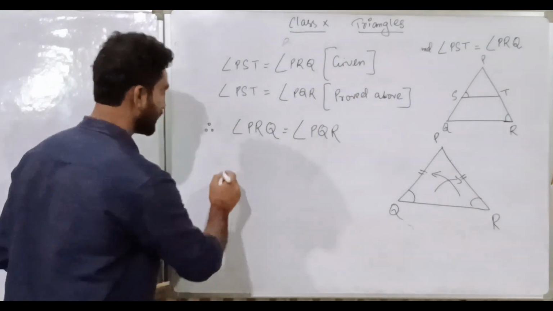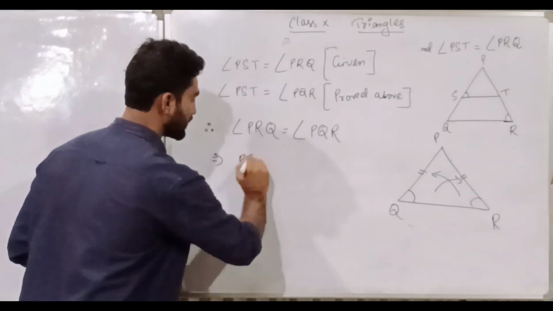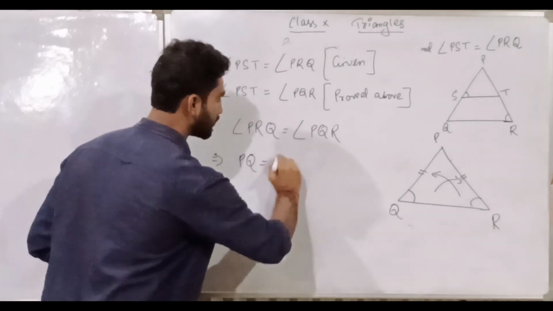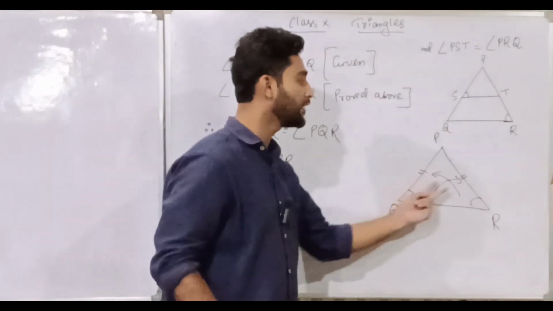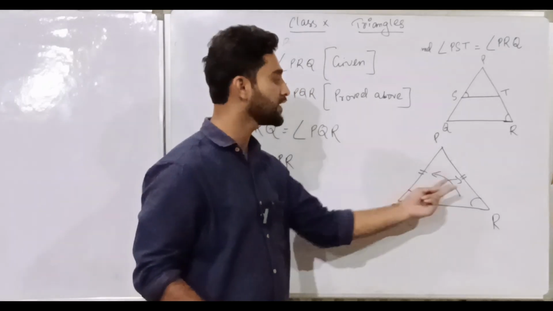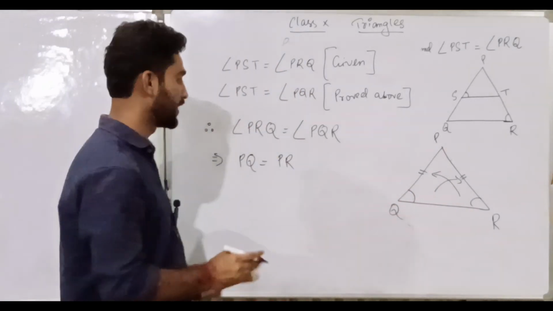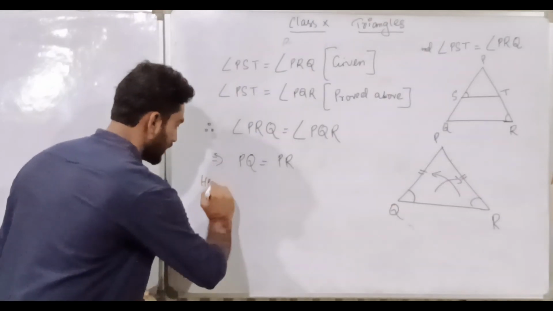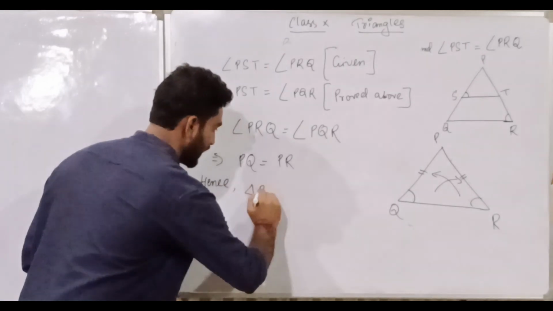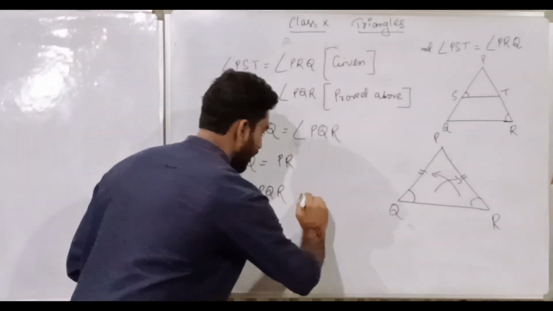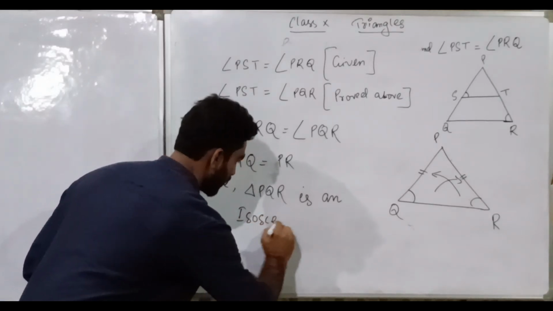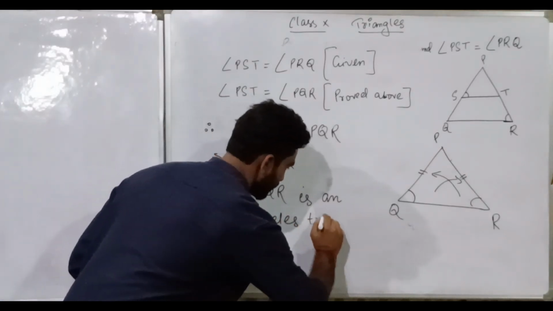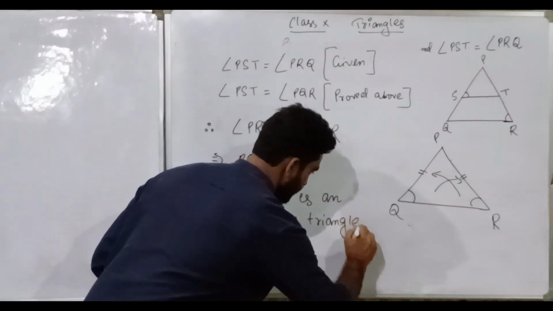So we can say this side PQ is equal to PR. Now, if in a triangle two sides are the same, it is a type of isosceles triangle. Hence, triangle PQR is an isosceles triangle.